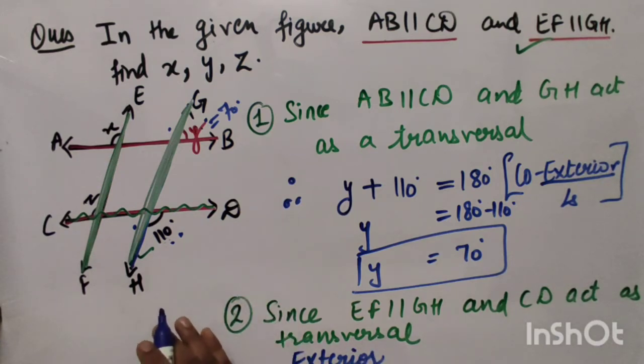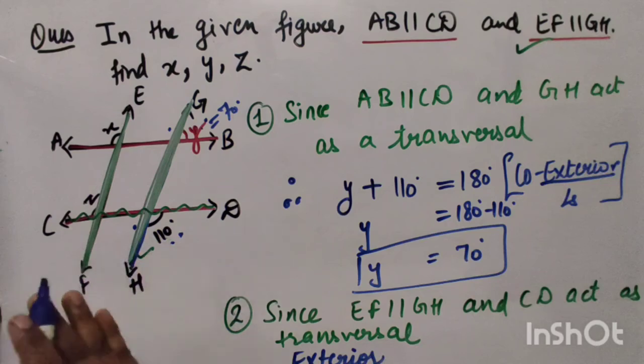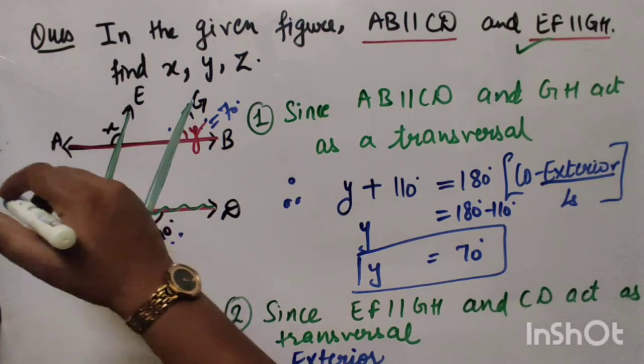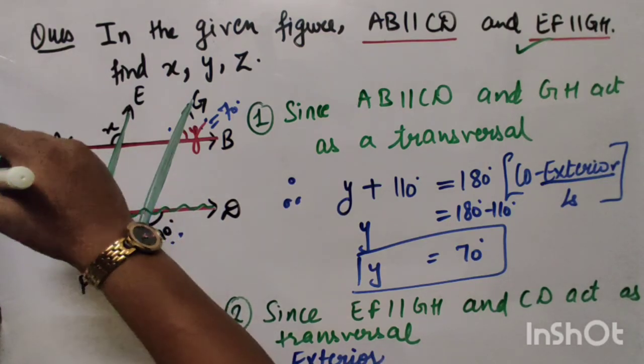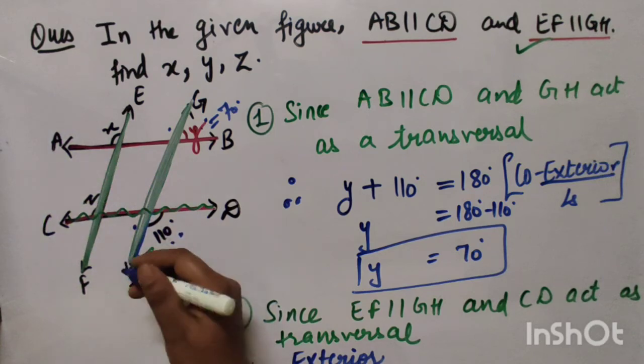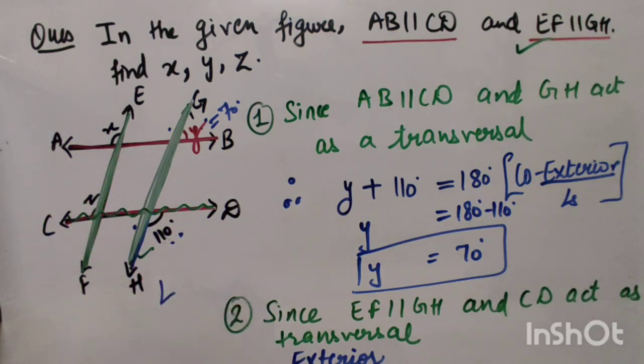Which type of angles can they be? One is at the right up and the other is at the left down. We have done this trick, right up and left down. So I guess you people guessed it right. Yes, it will be alternate exterior angles.